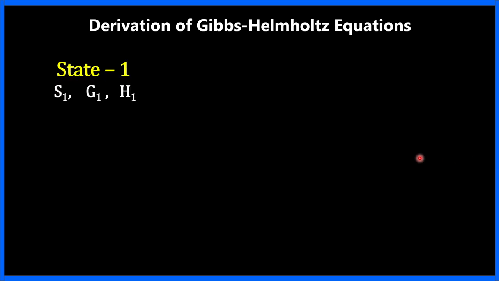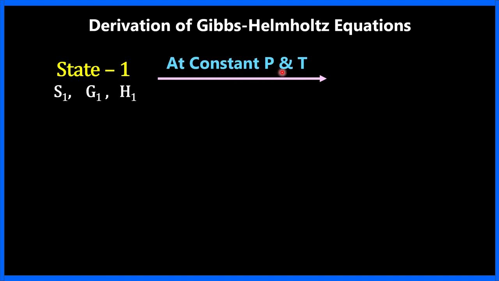Let a system in state 1 having entropy S1, free energy G1 and enthalpy H1 undergo a change at constant pressure and temperature to another state, namely state 2, with entropy S2, free energy G2 and enthalpy H2.